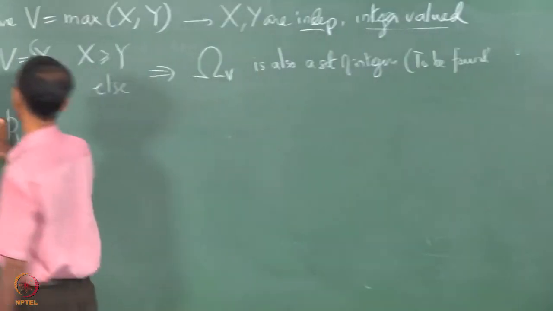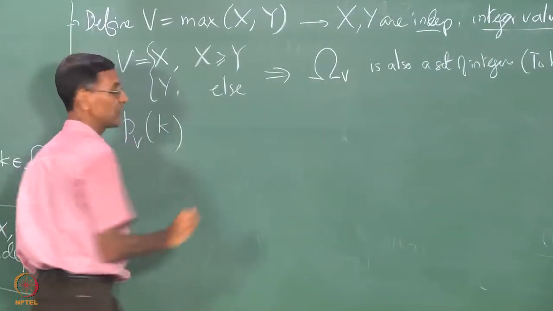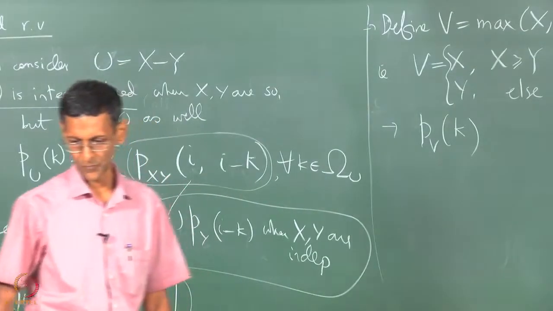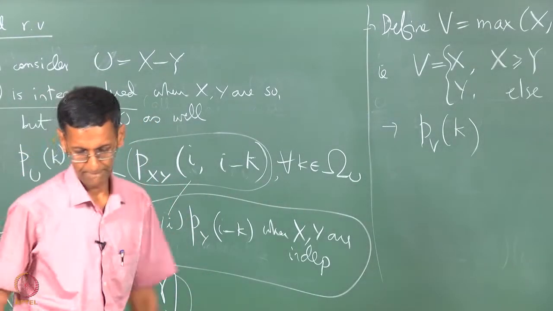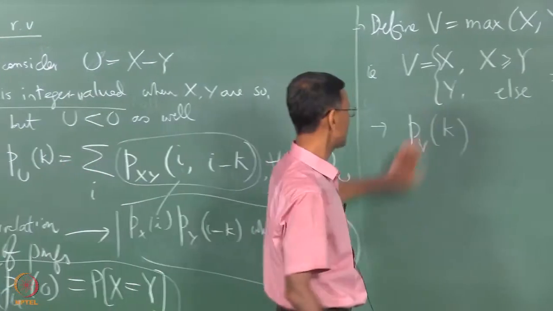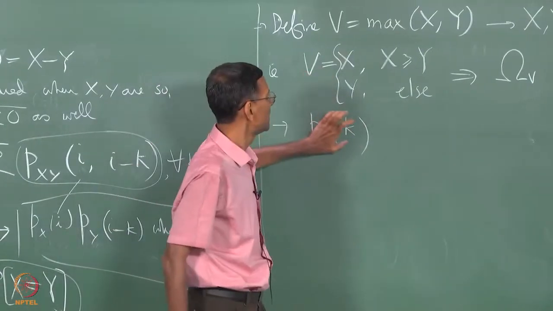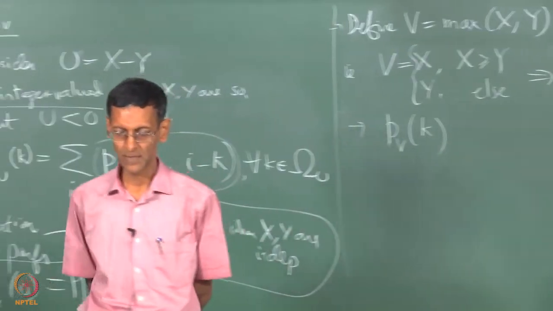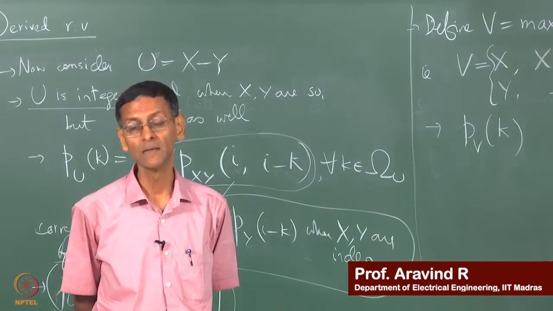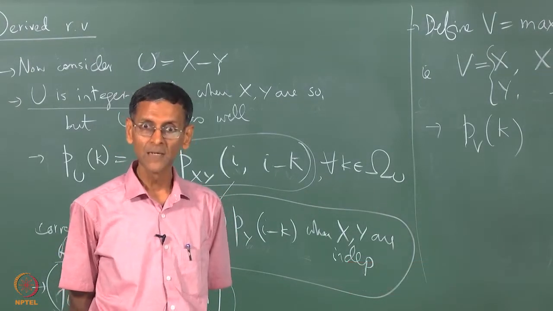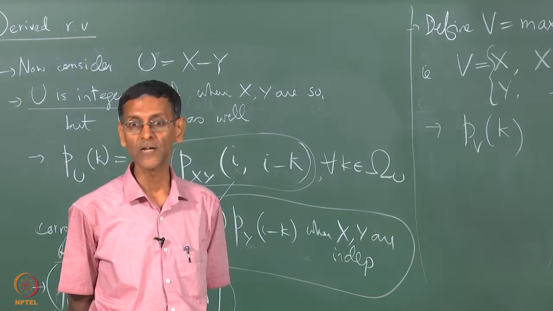Now I just want to write an expression for P_V of k, for the integer valued case. So what is P_V of k? You get k when x takes the value k, and then y must be at most k, or y can be k and x can be smaller than k, but you shouldn't count anything twice.